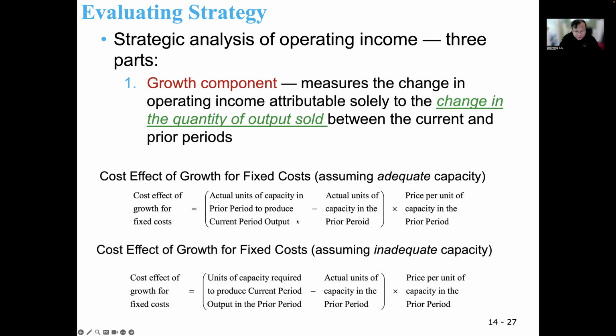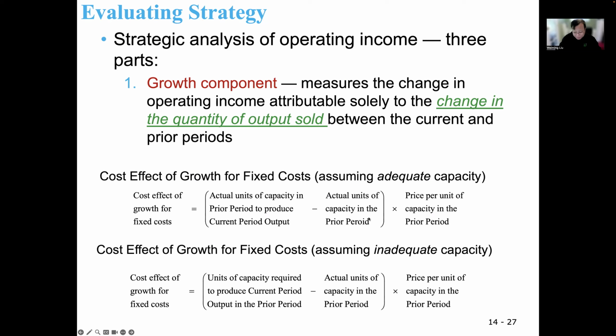So we're going to use this formula. So actual units of capacity in prior period to produce current period output. So that's 90. Actual units of capacity in the prior period. Okay, so this is 90, right?